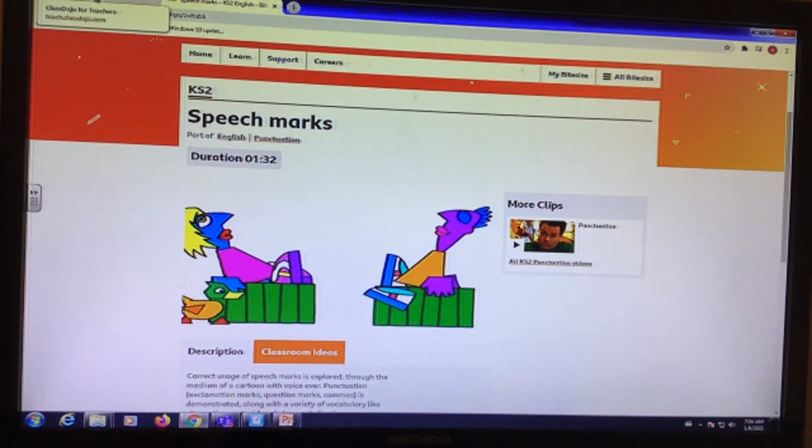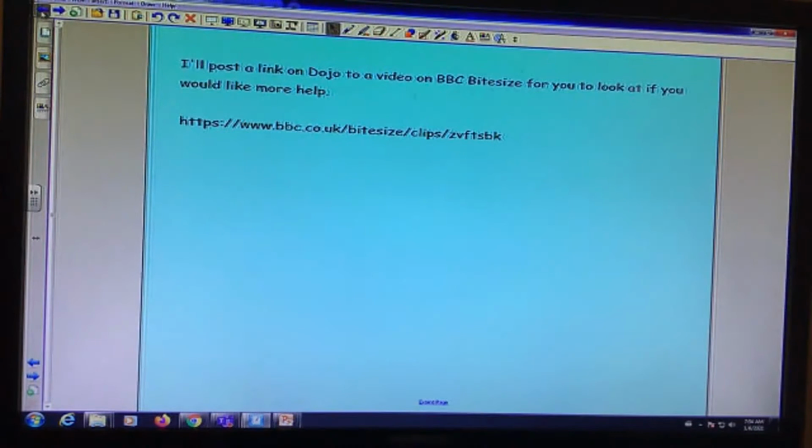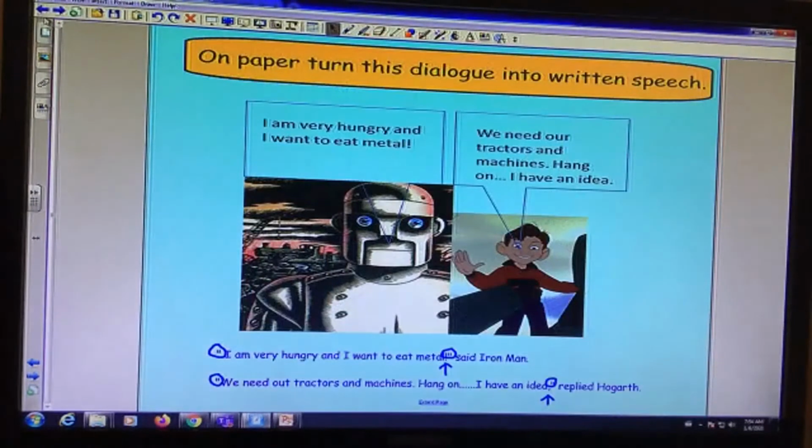Now, your task today is to go on Dojo, and you will see a file that's got a couple of pictures like this in. Now, some have got words in for you to change, just like I did down the bottom here, into dialogue. There are other pictures where the speech bubbles are empty.